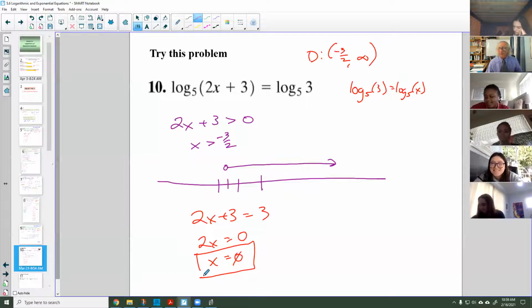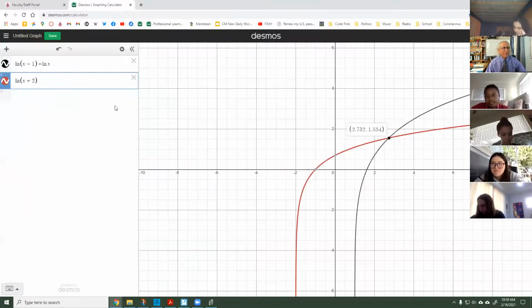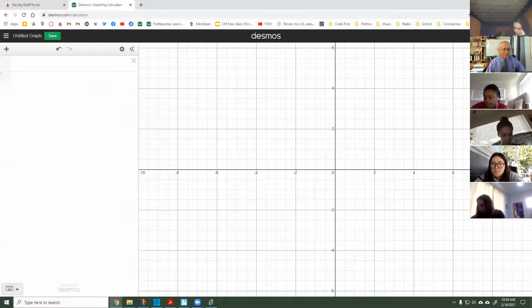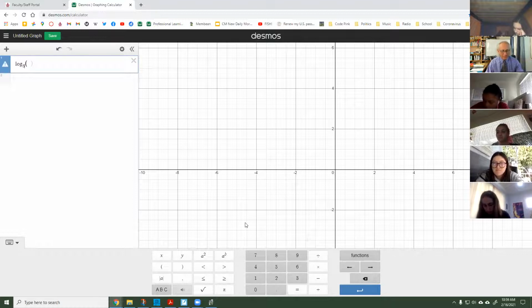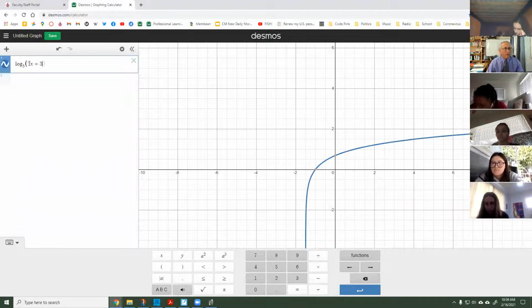Gosh, how many times? Log base 5, 2x plus 3. Let's see here. We graph it. So I'm going to go log base 5 of 2x plus 3.